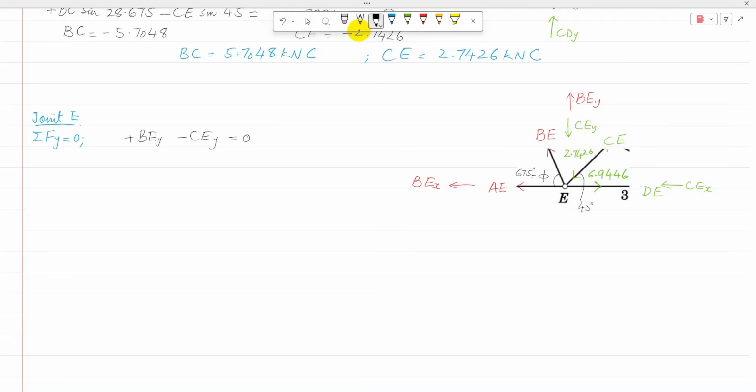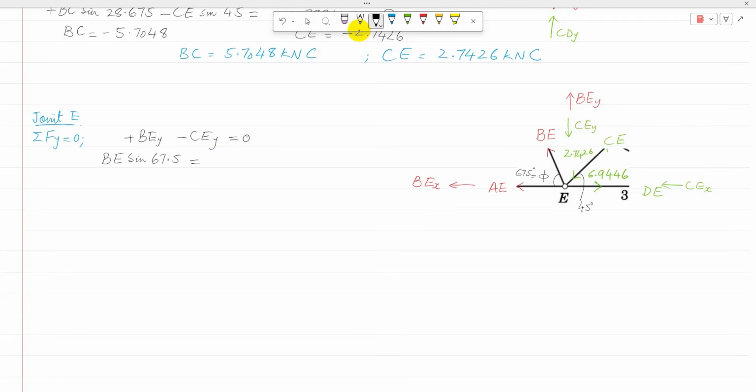Now BE makes an angle of 67.5 degrees with the horizontal, so its vertical component will be BE sine 67.5, minus, and CE will go on to the other side.